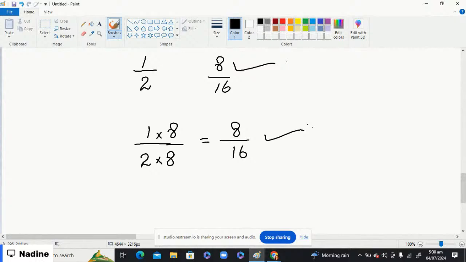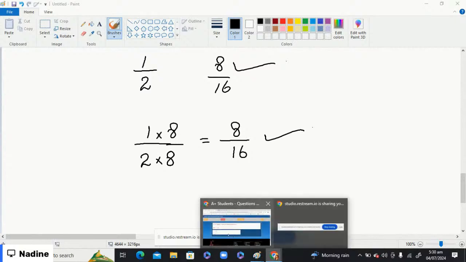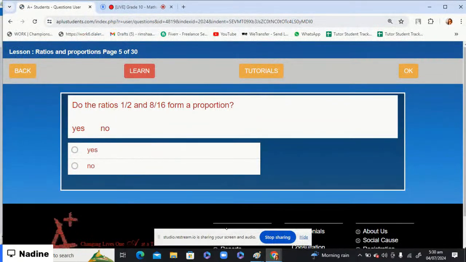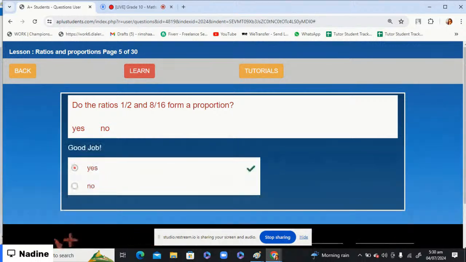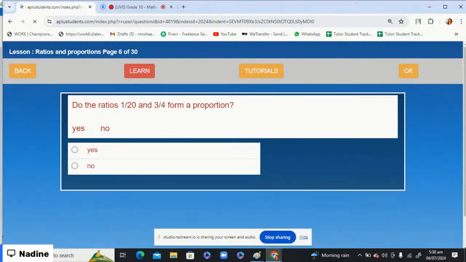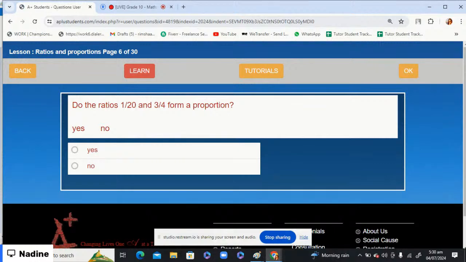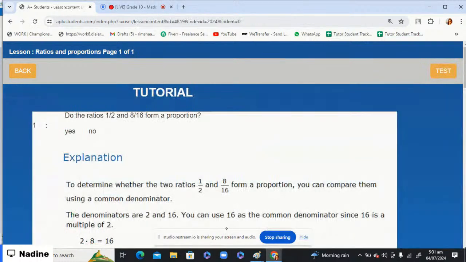So in this way we are going to write our answer. In this way we are finding and writing out all the questions.